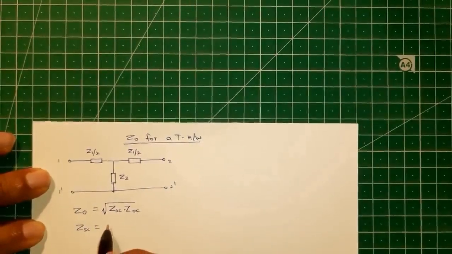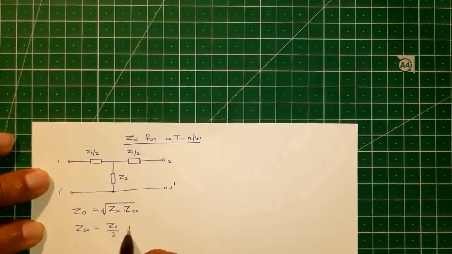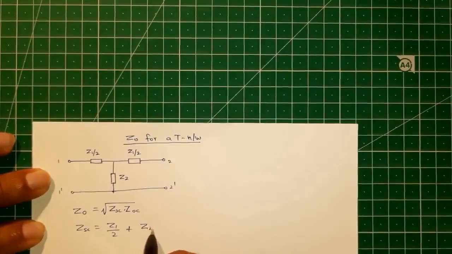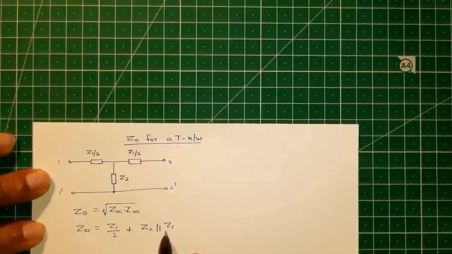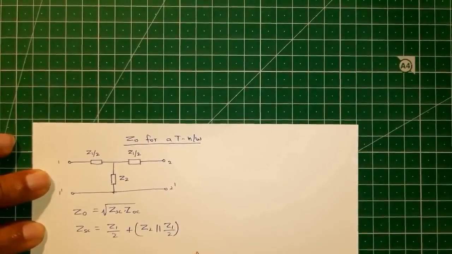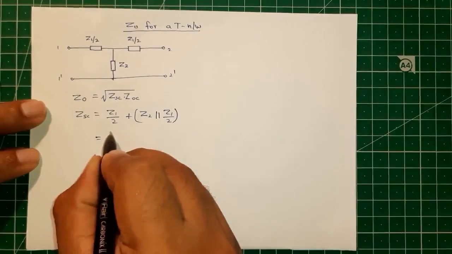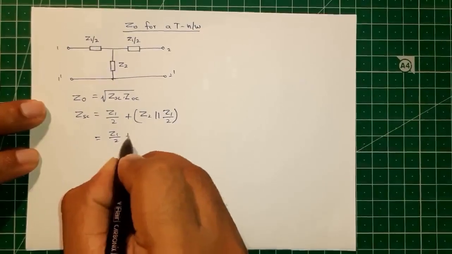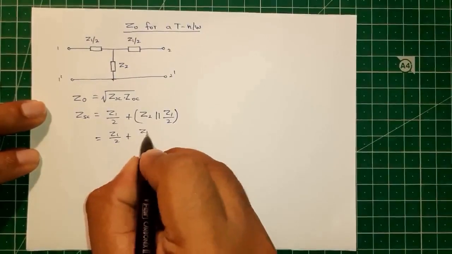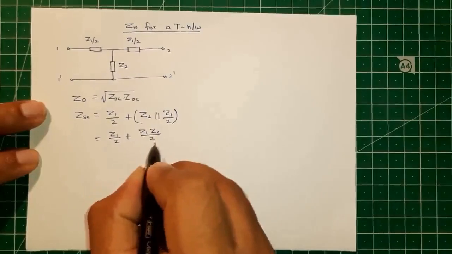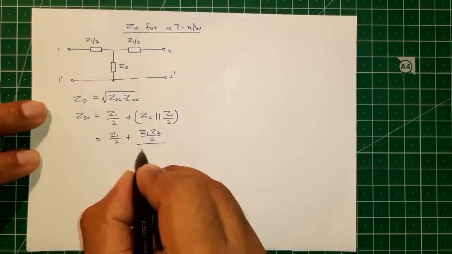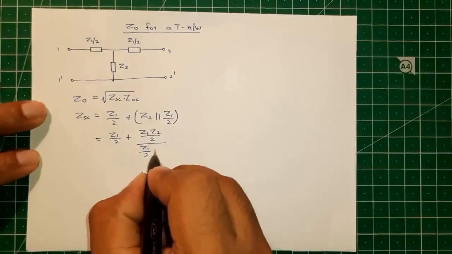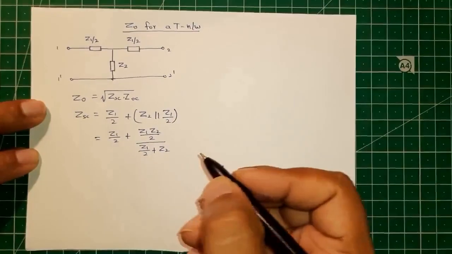So ZSC is equal to Z1 by 2 plus Z2 parallel Z1 by 2, that will be equal to Z1 by 2 plus Z1 Z2 by 2 by Z1 by 2 plus Z2.